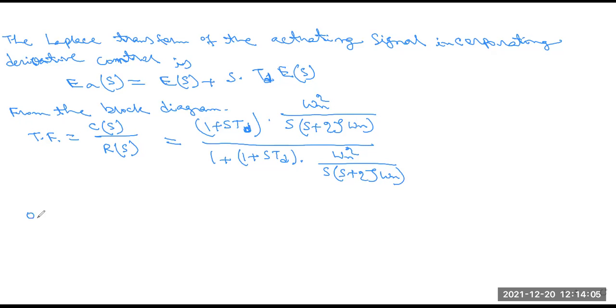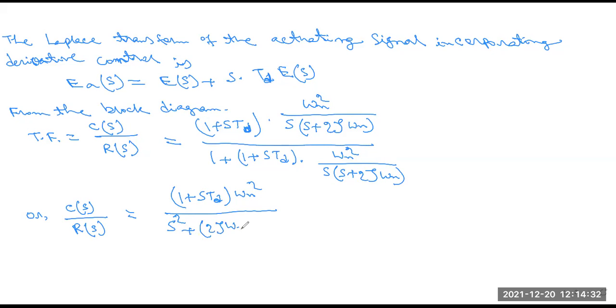So we have to write this equation, C(s). We simplify these equations, and the equation comes out: C(s) by R(s) equals (1 + s T_d) into omega_n squared divided by s squared plus 2 zeta omega_n s plus omega_n squared T_d into s plus omega_n squared.